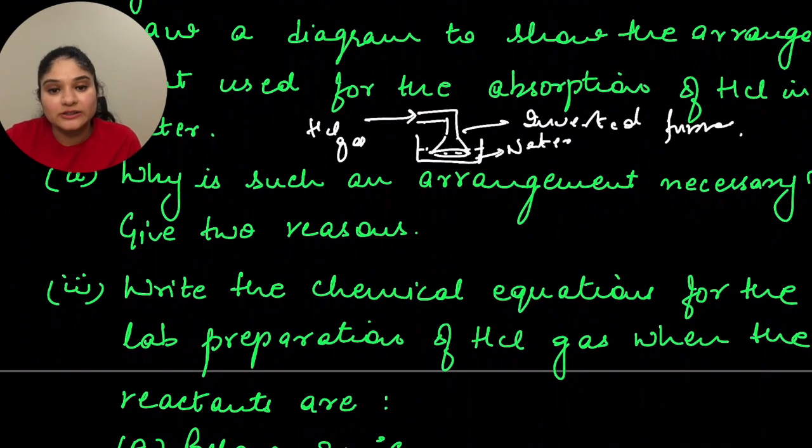Why is such an arrangement necessary? Give two reasons. Okay. So it's very important to understand these reasons. The first is to prevent back suction. Now you do understand by now that HCl gas is highly soluble in water. So if you use a tube arrangement, the speed with which HCl gets absorbed in water is pretty high compared to the speed with which it is being produced.